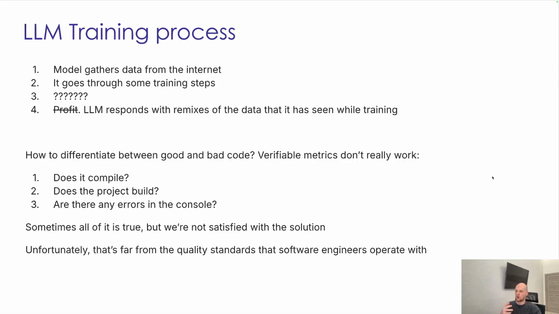But in code and specifically in some other areas which aren't really that verifiable, it's really hard to differentiate good and bad code, or good and bad solutions, because verifiable metrics like does it compile, does the project build, are there any errors in the console, or maybe your lint errors aren't always the mark of a successful solution, or things that a senior developer would do, right?